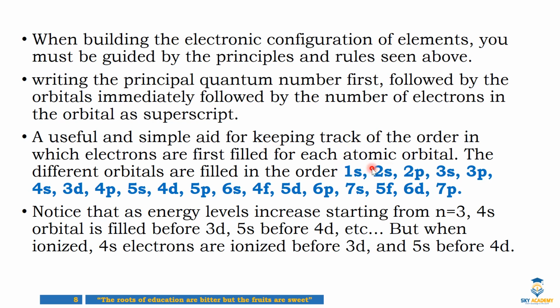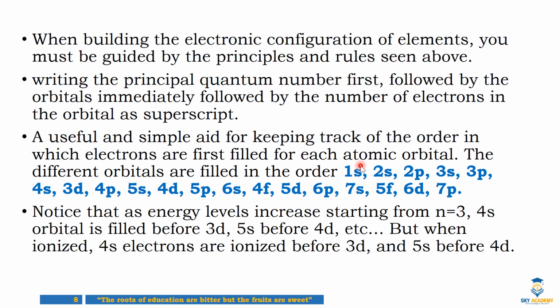We have 1s. We say 1s because 1 is the principal quantum number and s is the orbital. You may ask how many electrons are going to be accommodated in s. The maximum is 2. Anywhere you find the s, you know the maximum number of electrons is 2.